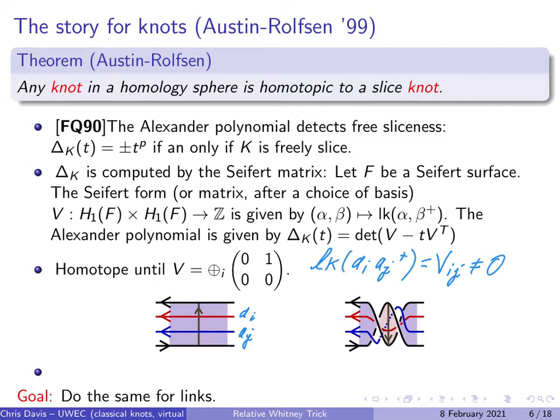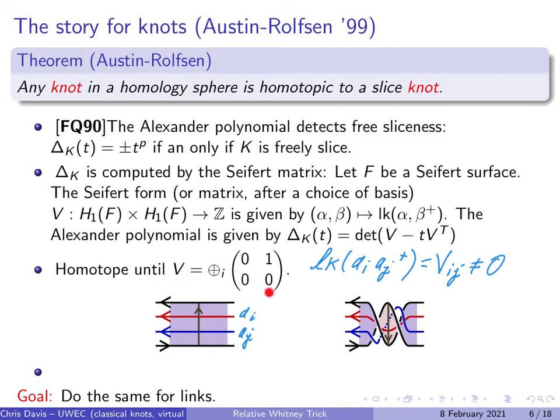And just do a homotopy that is supported inside of this small 3-ball by doing exactly that. And you see this has changed it so the blue curve has its linking with the red curve increased by 1. You could do something similar to reduce it by 1, or do anything else. So you can change the Seifert matrix to anything you want.